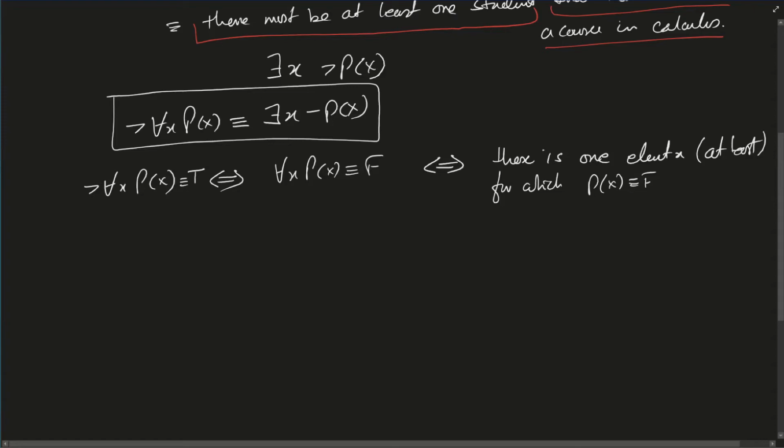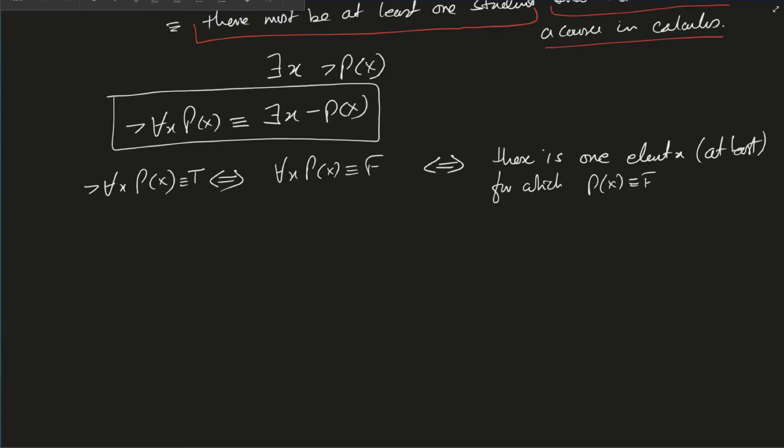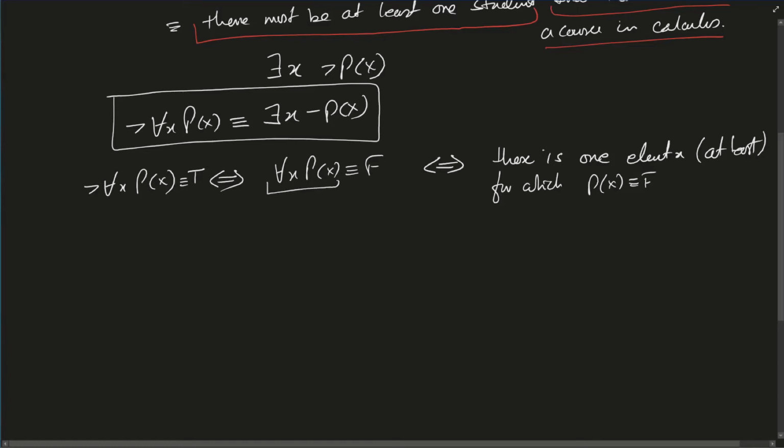Let me illustrate in a different way. Imagine that our domain has an infinite number of elements, and we can number them x1, x2, x3, x4. So this statement can be loosely written as P of x1 and P of x2 and P of x3, all the way to infinity.